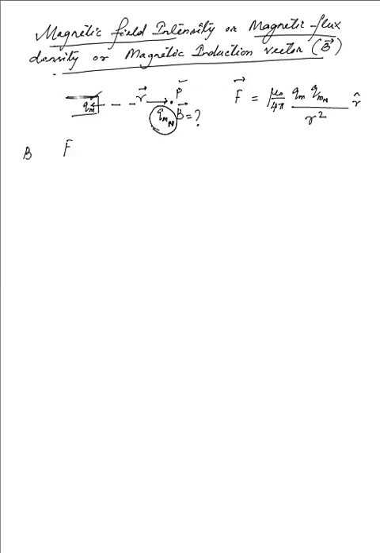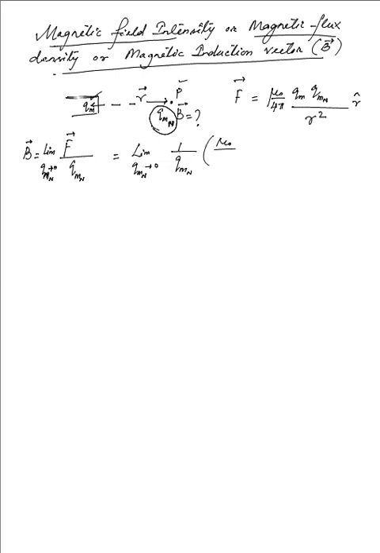The magnetic field intensity at that point can be defined as limiting the magnetic north pole to 0, and force divided by qmn. This is how we define it, just like the case of electric field. So we take the limit, qmn tending to 0, and we can write the entire expression and put the qmn in the denominator.